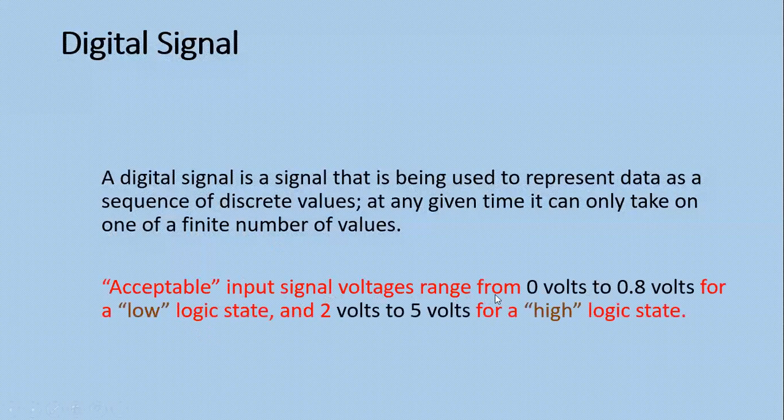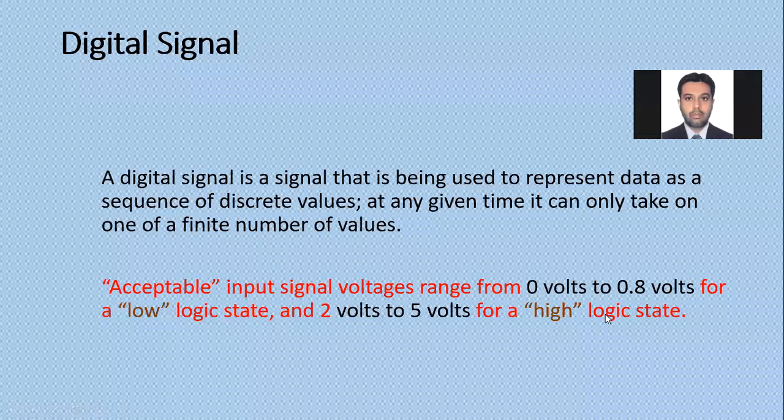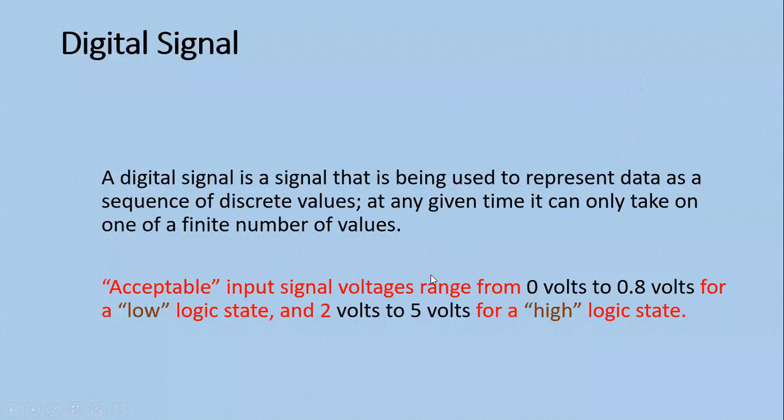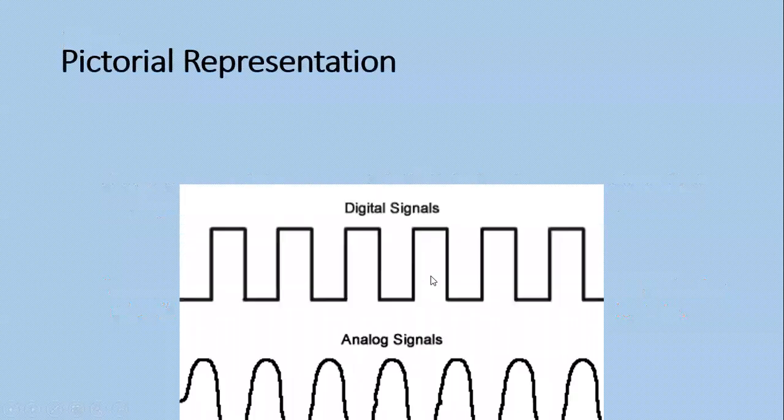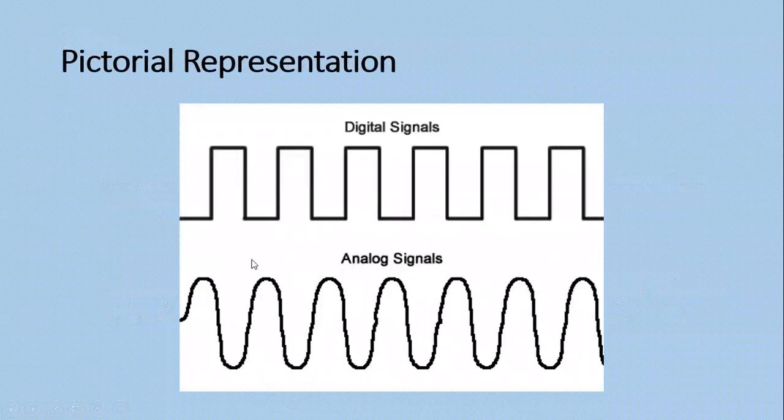Acceptable input signal voltages ranging from 0 to 0.8 volt represent low voltage. Okay, this is called low voltage, which is basically off, and the voltage from 2 to 5 volts is called a high voltage, which is called 1. So on and off are basically these things. This is the representation of how we represent a digital signal.